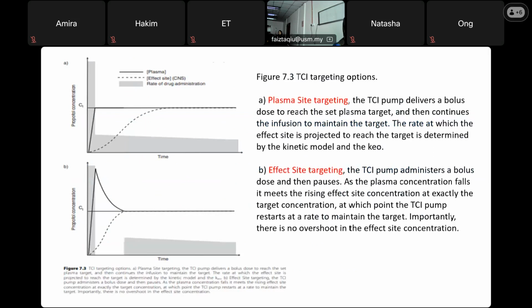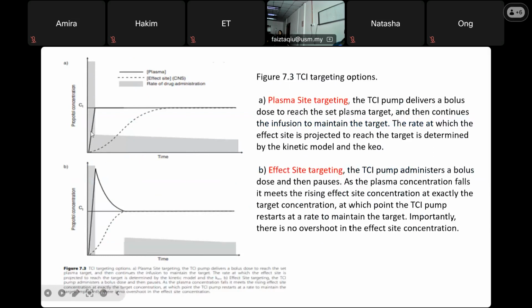So for plasma site targeting, in graph A, the TCI pump delivers a bolus, this gray graph, the dose to reach the set plasma target, and then continues the infusion to maintain the target.